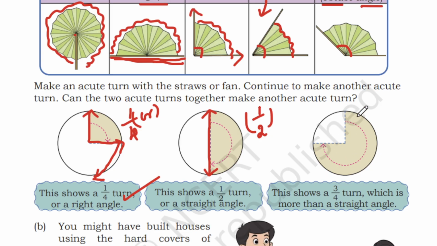This turn is like 1 by 4, and when it comes down, it becomes a straight turn, 1 by 2. If they take another turn here, then it is like 3 by 4, which is more than a straight angle.